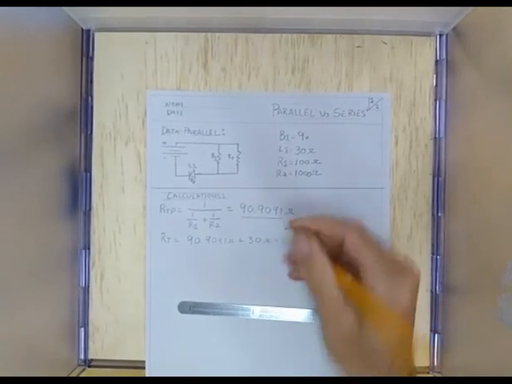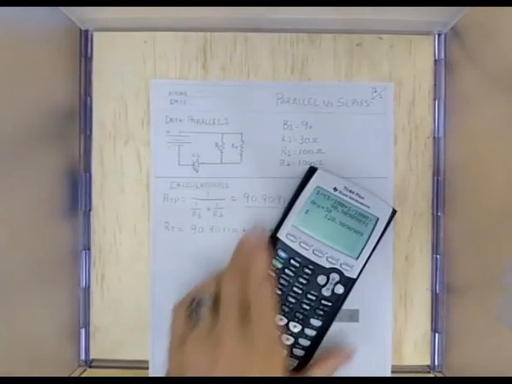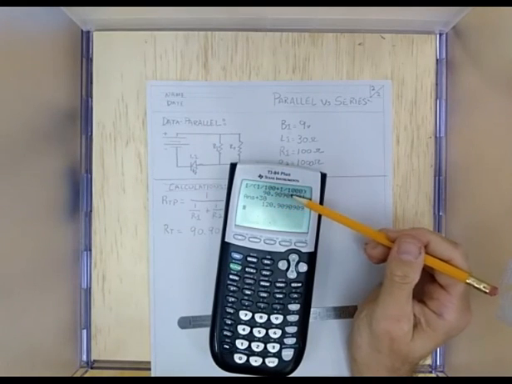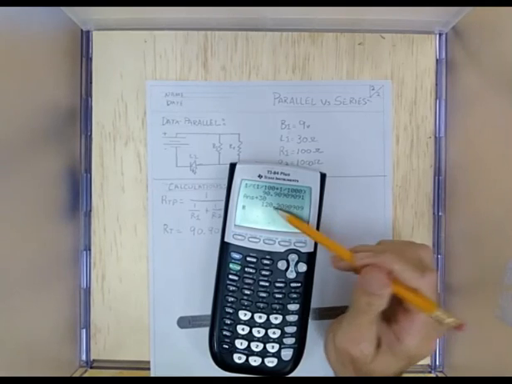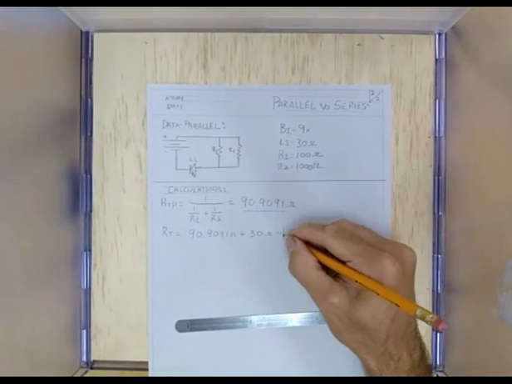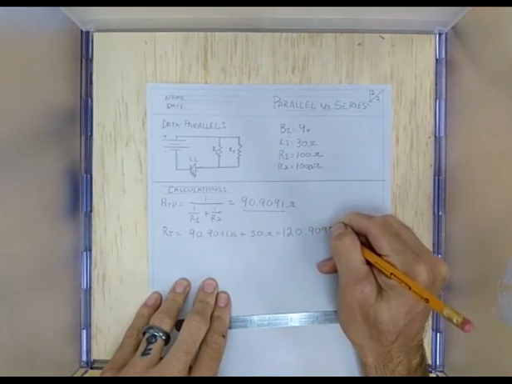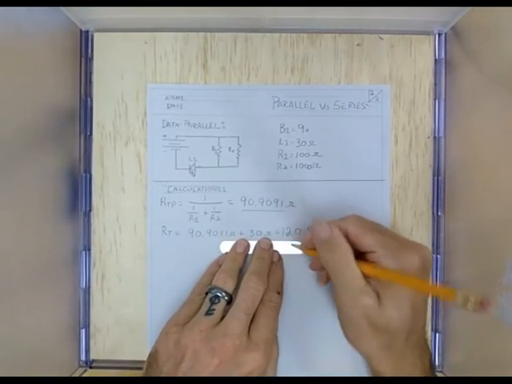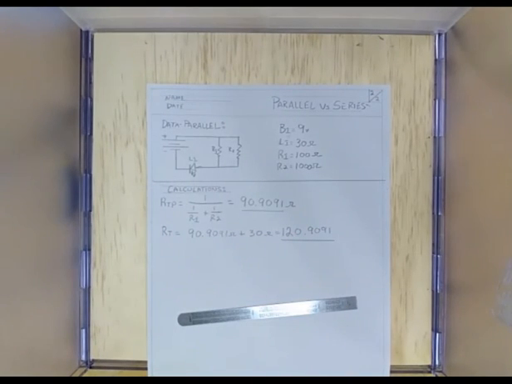So our total resistance of the entire circuit is 90.9091, I left this number because it'll be the closest round for my calculation later, plus 30, which is 120.9091. That's my estimation. I'm going to leave that number in my calculator because I'm going to use that to make a more accurate number.